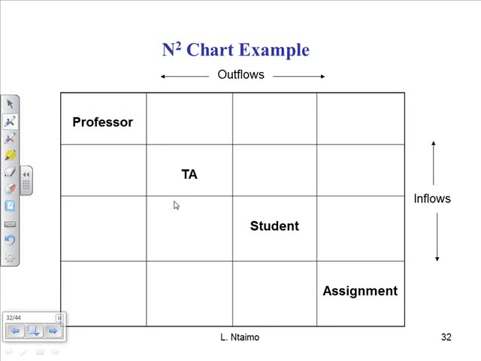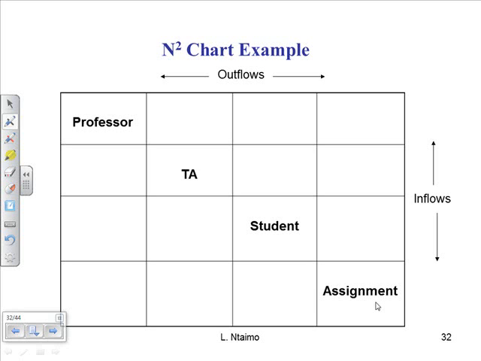And let me give an example of an n-squared chart. Here is an example that has these entities: professor, teaching assistant, student, assignment. So we may want to try to understand the relationships and the interchanges among these entities. Maybe this is for an educational system.